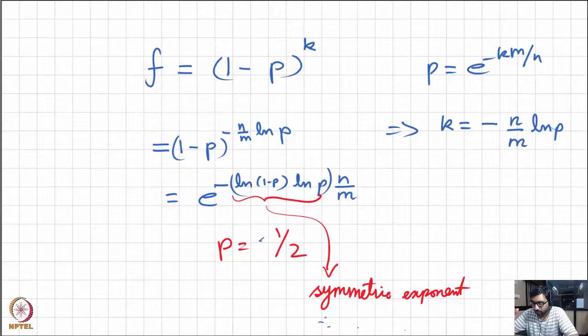This actually has a very nice intuition. What this tells us is that the Bloom filter works best when about half the bits in the Bloom filter are set to 1 and the remaining half are set to zeros. Such a Bloom filter will essentially look like a random bit string.